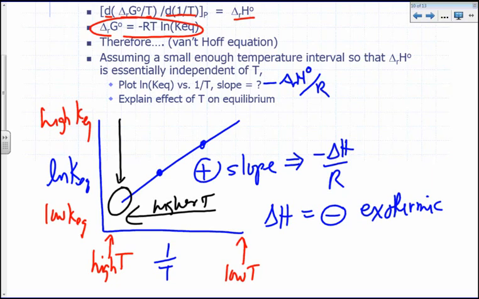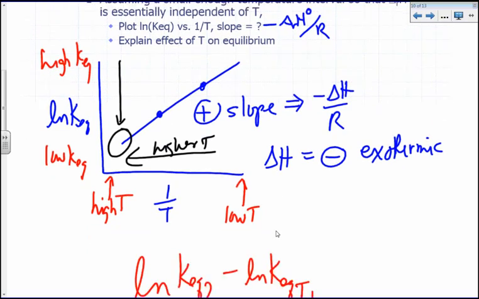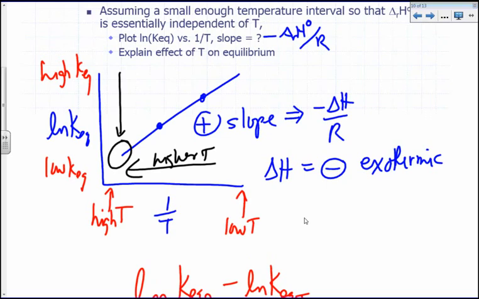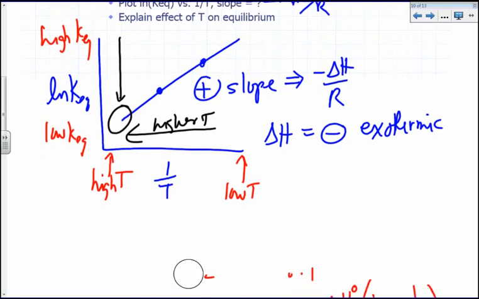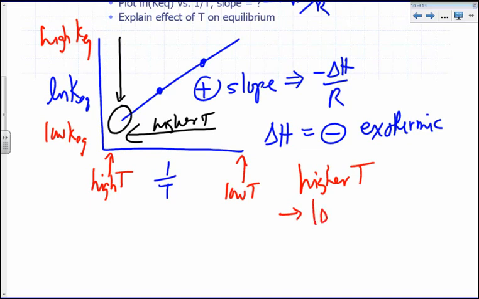In other words, if you have an equilibrium and you raise the temperature of your reaction mixture, it will shift to the left. According to this, higher temperature gives you a lower KEQ.